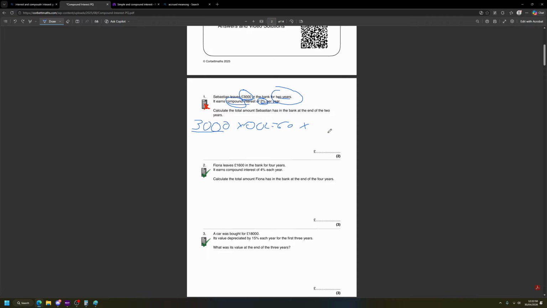But this isn't simple interest. Because it's not simple interest, we're multiplying with the original amount and we're doing it twice for 2 years. So anyways, year one will give us 3,060. And now year two, because it's accruing onto the new amount, 3,060, we're not multiplying by 3,000 anymore. This time we're multiplying 1.02 by 3,060.